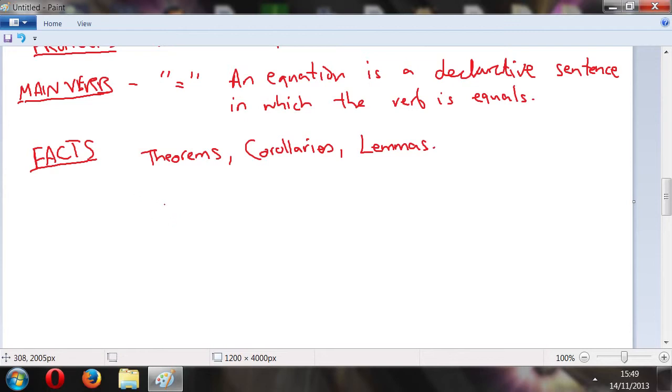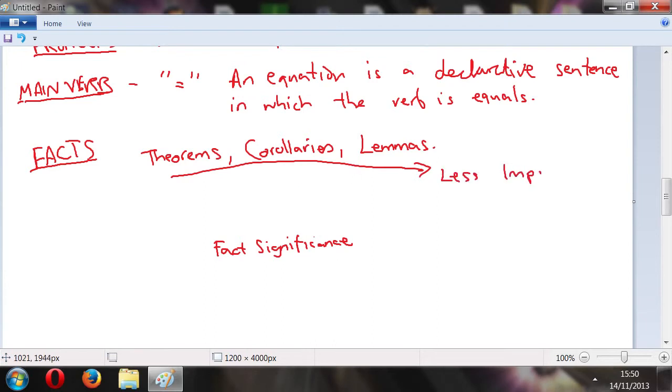If we imagine fact importance, or fact significance, then as we go from this way to this way, it's becoming less important, and as we go from this way to this way, it's becoming more important.